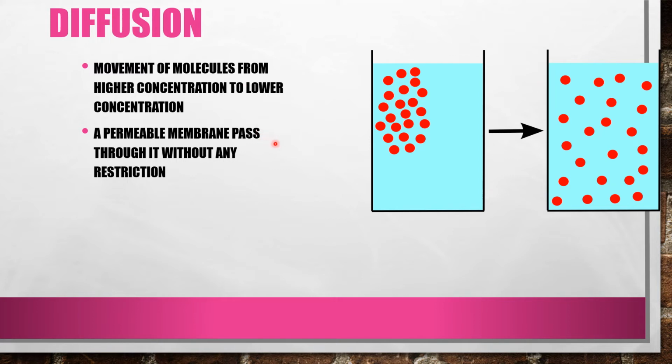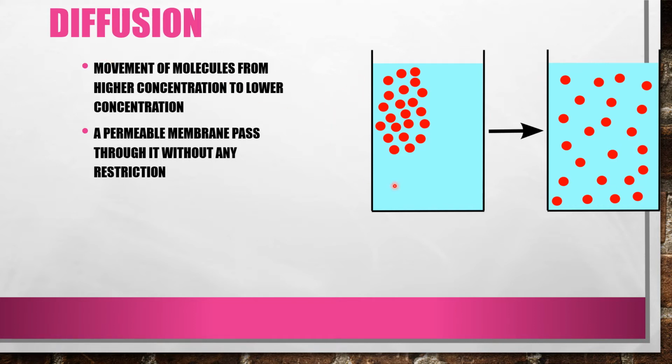Not only to transport oxygen and carbon dioxide, but also nutrients and blood products from outside the cell to inside the cell, we need transportation methods. There are four or five types. The first one is diffusion.